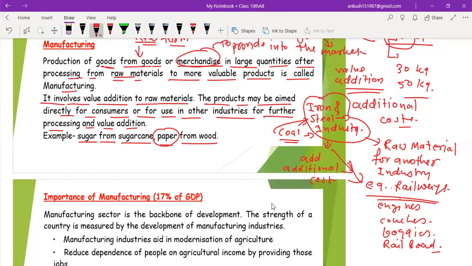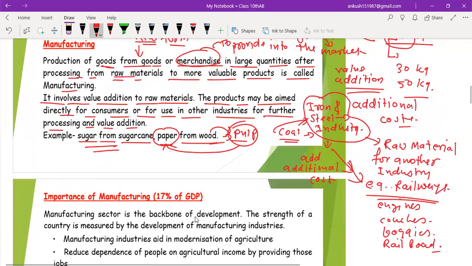Understood? So wood is a raw material for one. The pulp is a finished good for another company, and this pulp is a raw material for the paper making company. Are you getting it? Just like what happened with sugar and sugarcane.